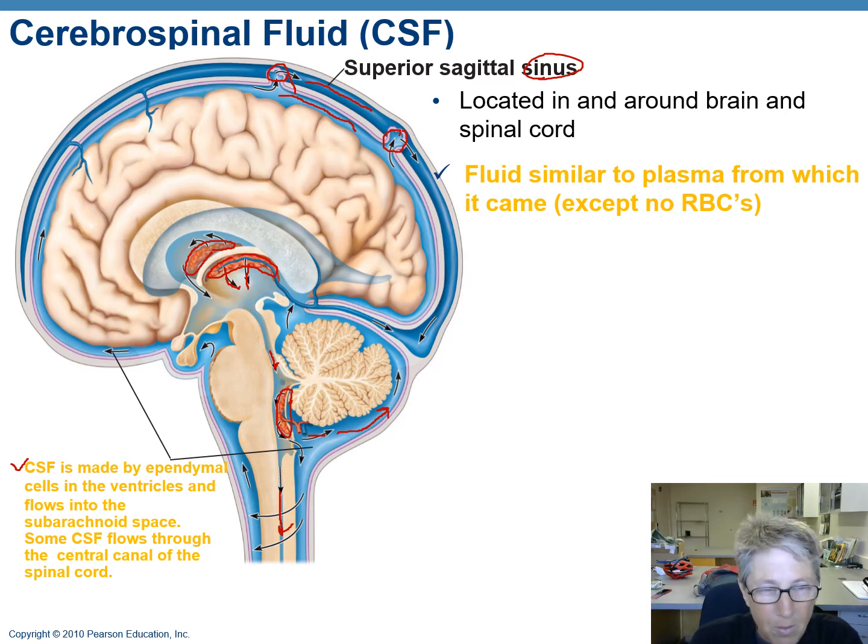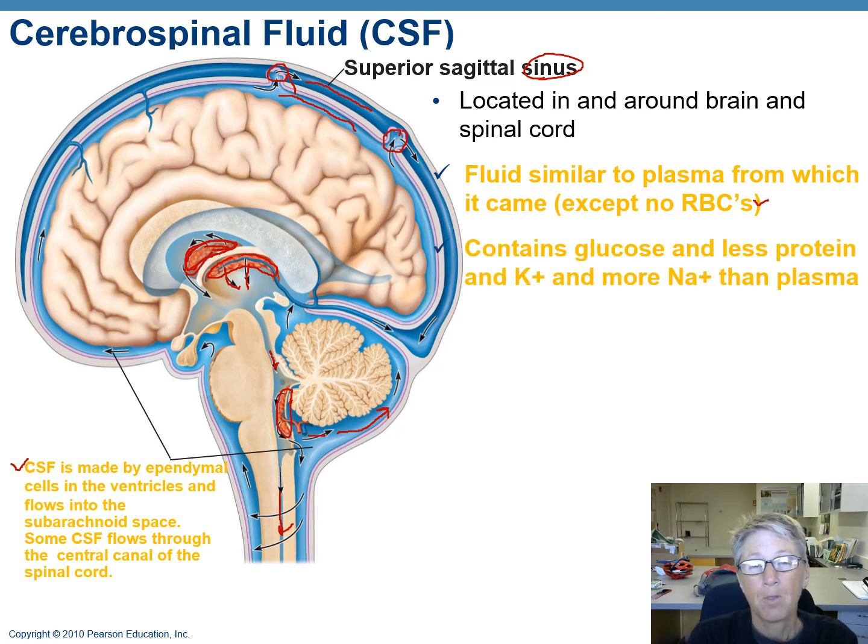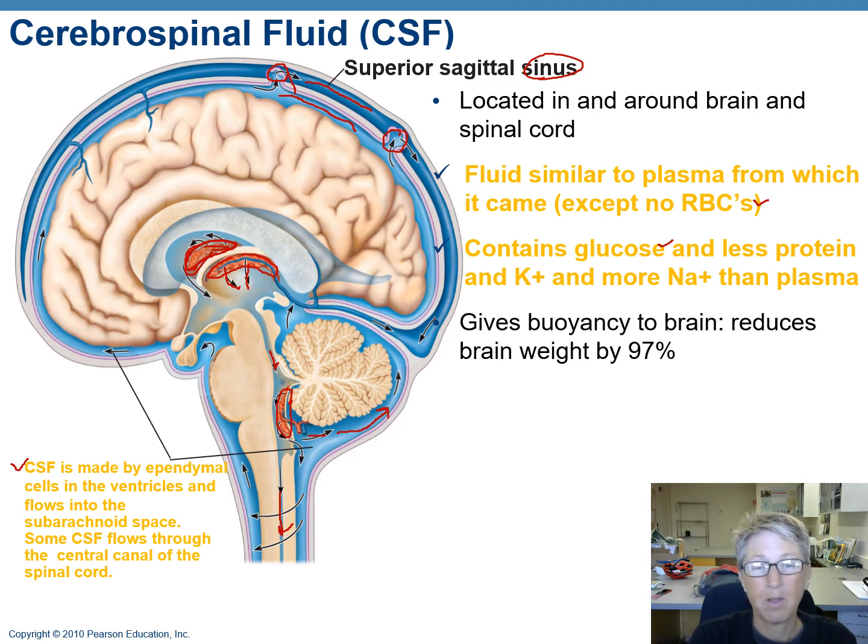These red things are tufts of capillaries called a choroid plexus, and the plasma can seep out, and the ependymal cells use the plasma to make cerebrospinal fluid. The cerebrospinal fluid is similar to plasma, except there are no red blood cells in it. Cerebrospinal fluid contains glucose, protein, potassium, and sodium, just like plasma does.